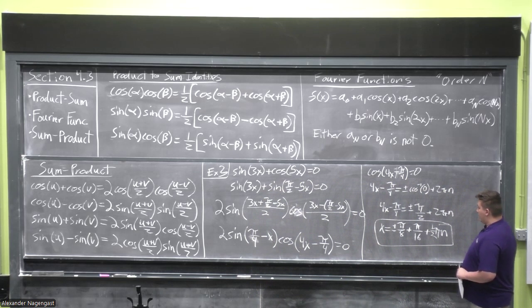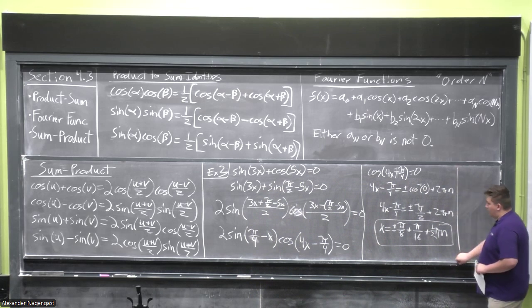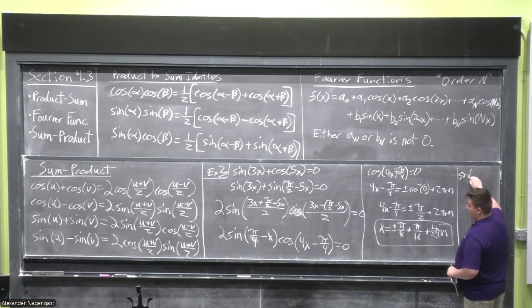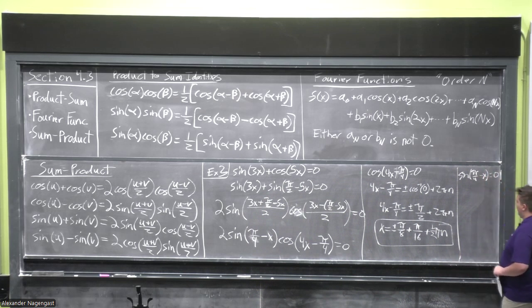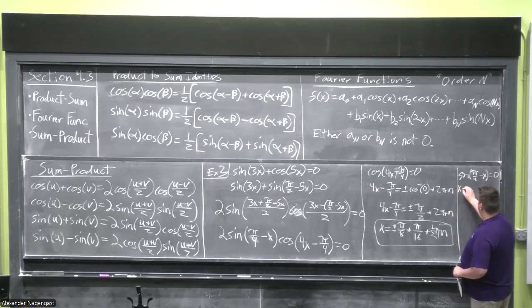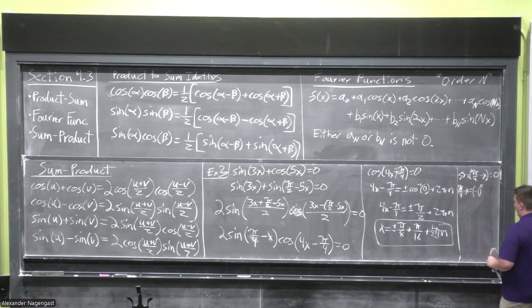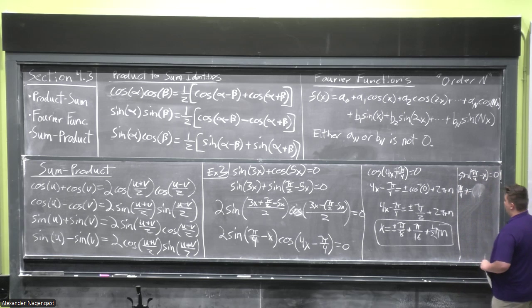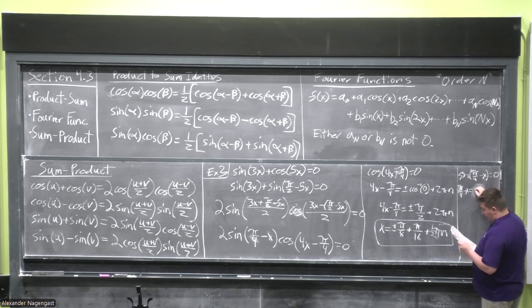And now we want to do the sine, which I'll squeeze in over here. And we'll have sine of pi over 4 minus x is equal to 0. Take sine inverse, and we'll have pi over 4 minus x is equal to negative 1 to the k times sine inverse of 0, which is 0, so that'll cancel out, leaving us with k pi.